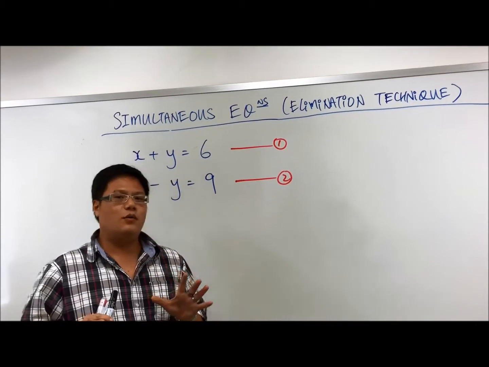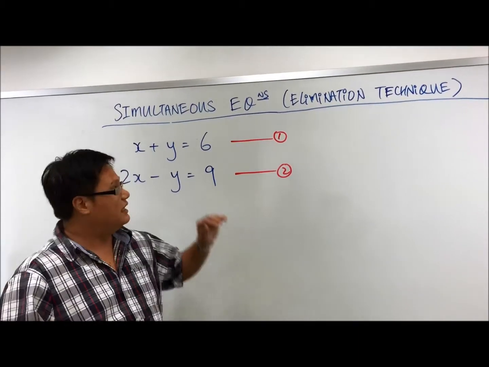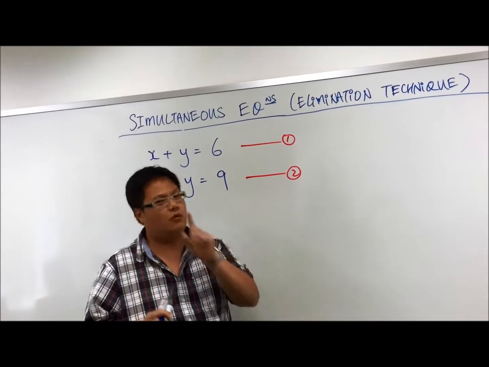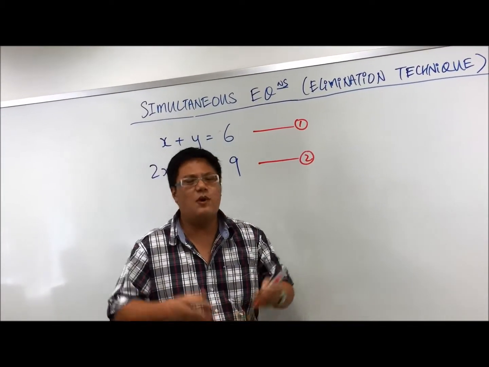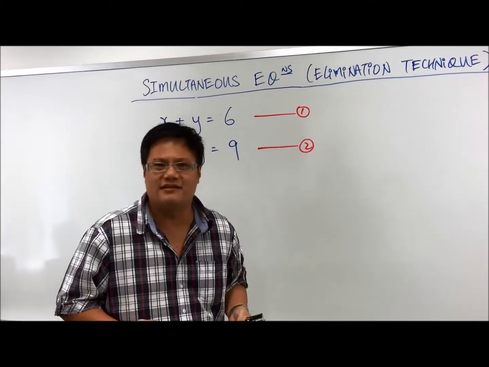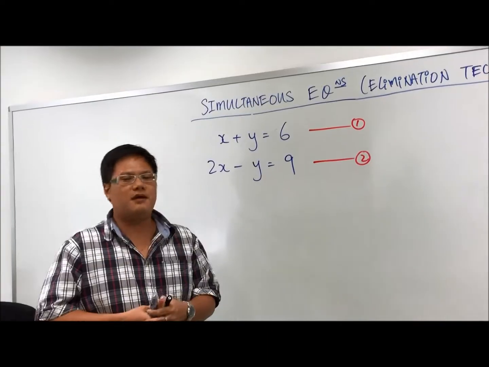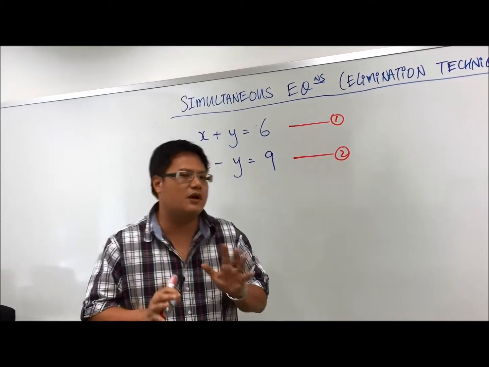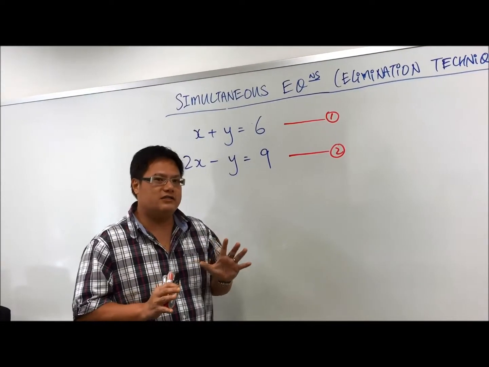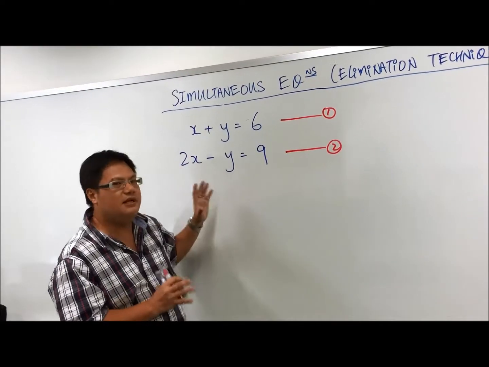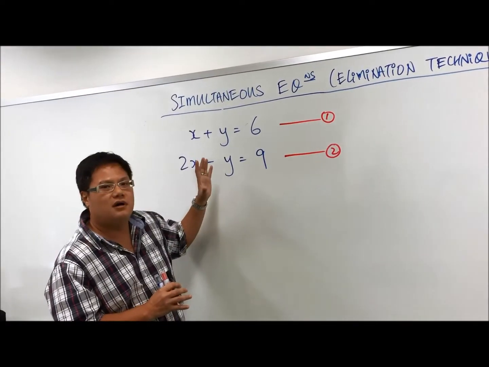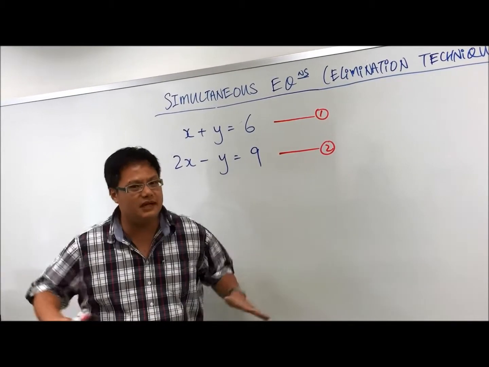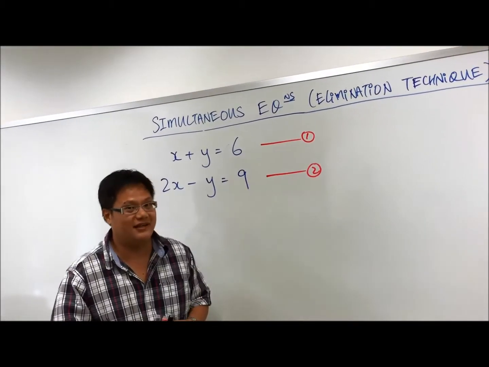For today, we are concentrating on the elimination technique. To solve a pair of simultaneous equations using the elimination technique, we intend to eliminate one of the unknowns, either x or y. That's why we call it the elimination technique.